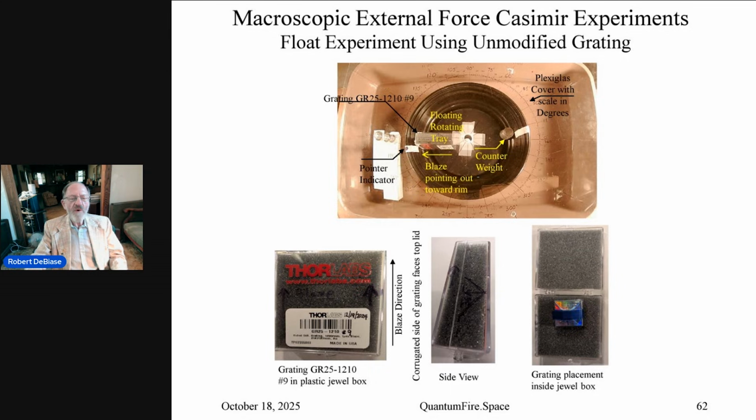All right, so what about the float experiment for the unmodified grating?